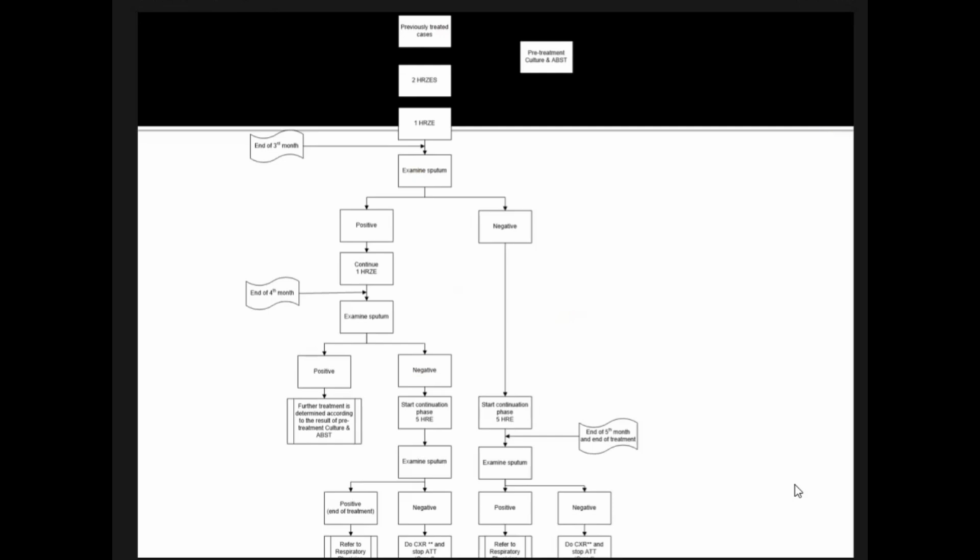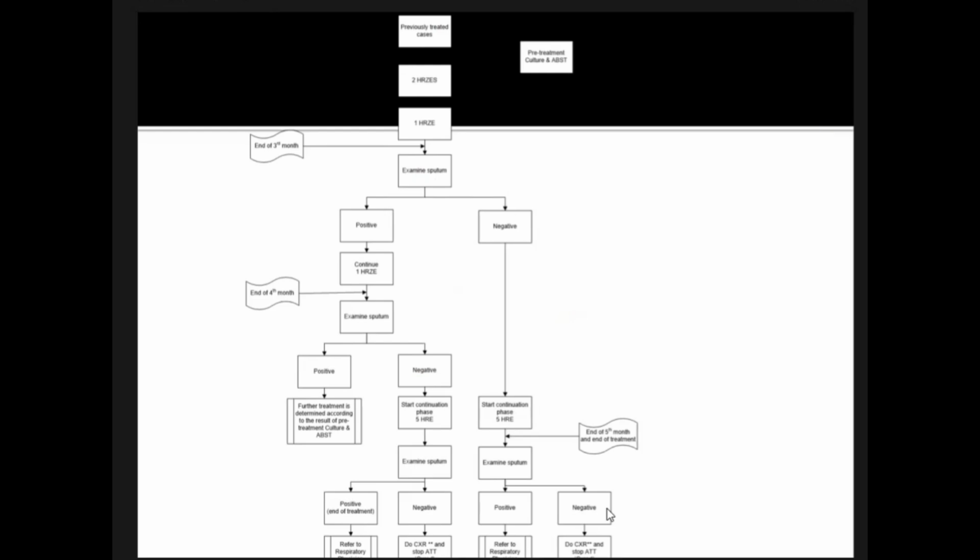And what we do here is, at the end of the 3rd month, we will do the sputum. If it is negative, we convert them to the continuation phase of the 3 drugs. And at the end of the treatment, if he's sputum negative, then he's cured. If he is positive, then we will go for end of 5th month and end of 6th month.